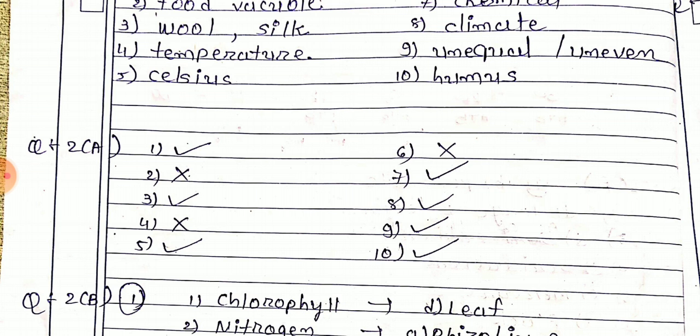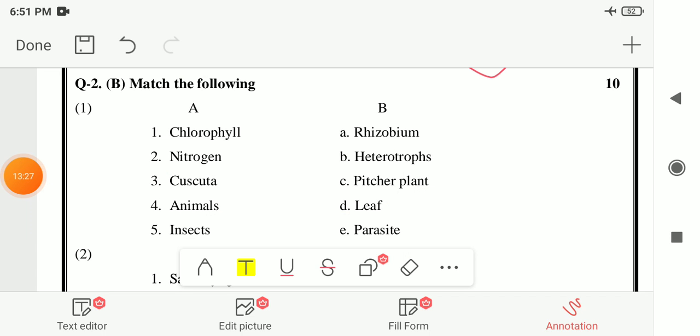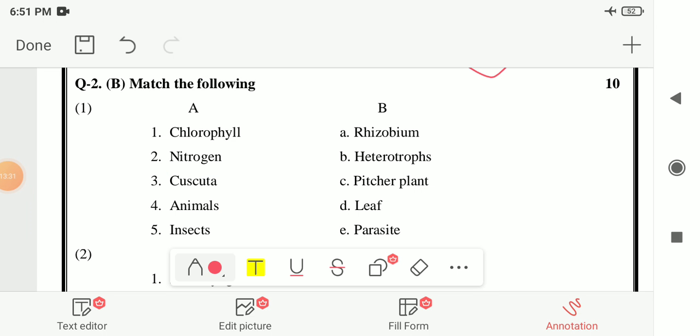That is question number 2a, write true or false. Now next is question number 2b, that is match the following. In that first one is chlorophyll. So your answer is option D, leaf contains chlorophyll. Next is nitrogen.